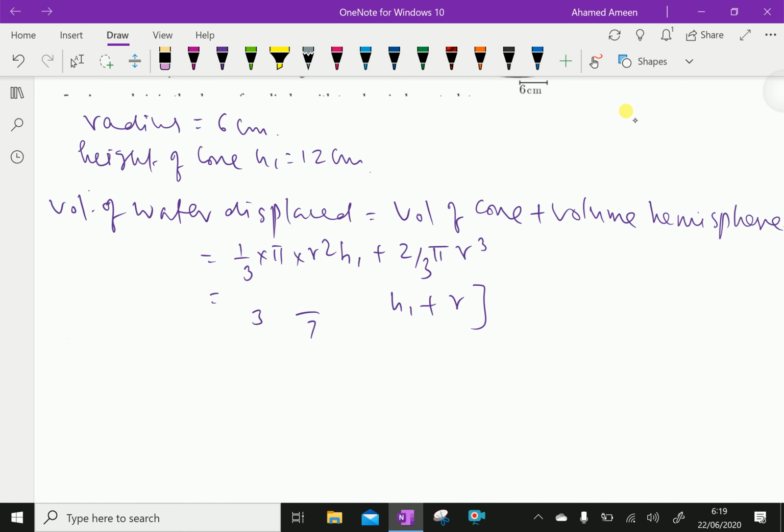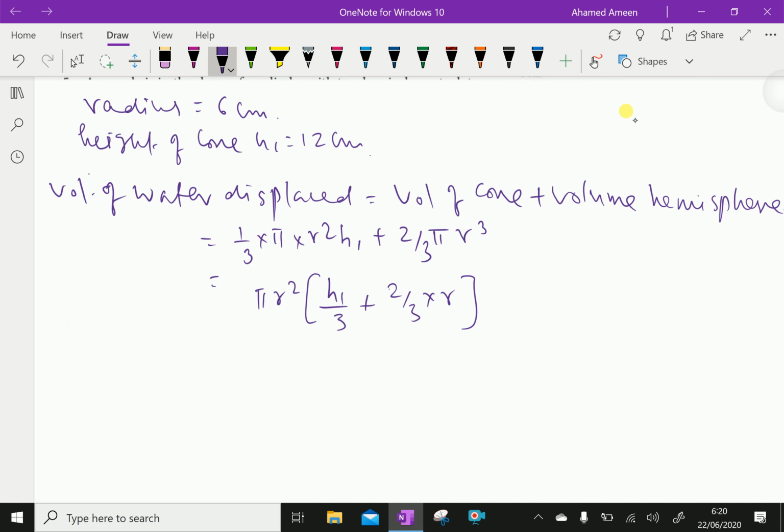Here we have to take pi r squared out, h1 by 3 plus 2 by 3 into r, because r cube is here.